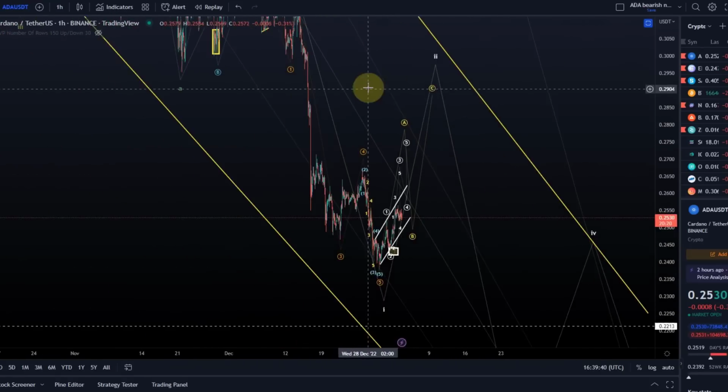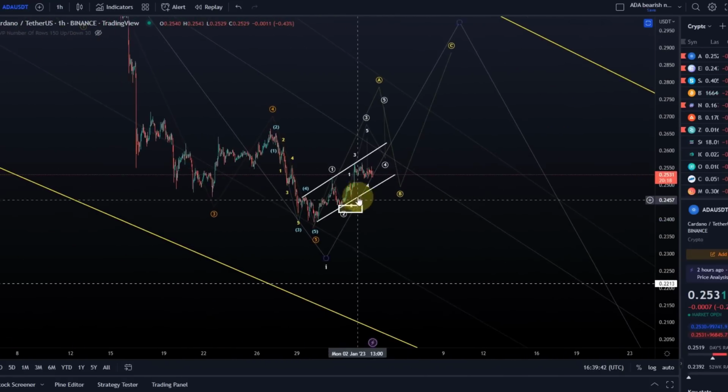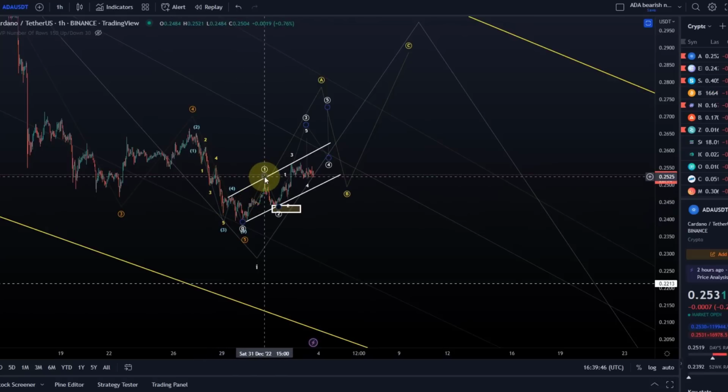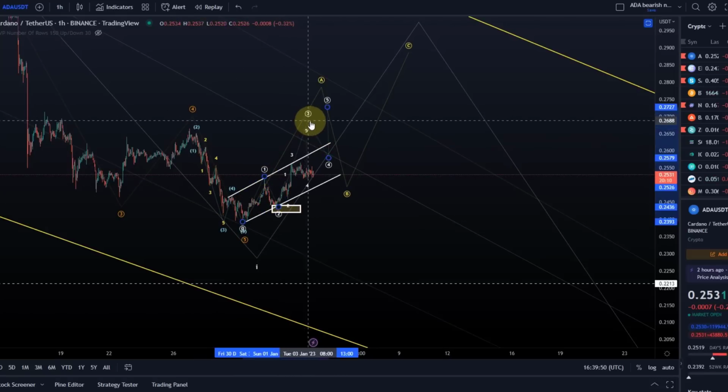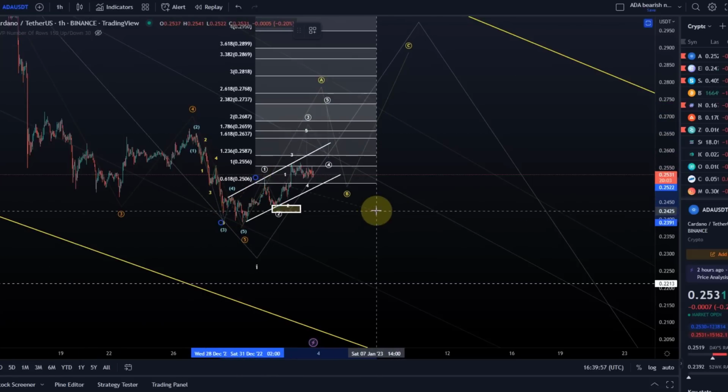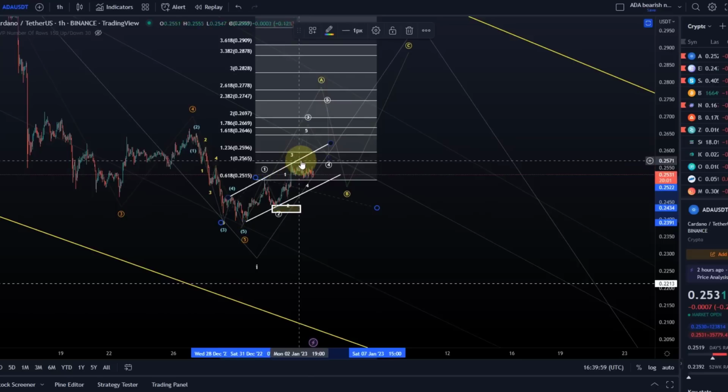The problem that we have here is that the wave 1 was okay to the upside, the wave 2 down as well, but if this is a wave 3 that we're doing now, we should be in an impulsive structure. We should be reaching the 1.618 extension, and we're talking about here the 26.4 cent level.